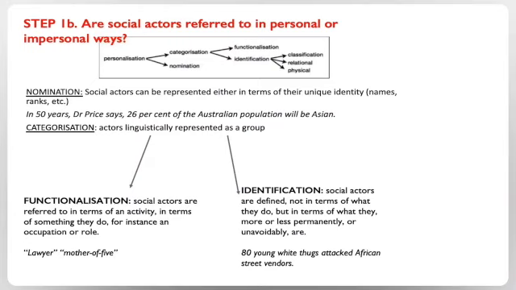Or identification, when we talk about features that represent them, like the thugs, or youngsters, age, nationality, skin color, religion. You will find many of these, especially if you're looking at texts about people.